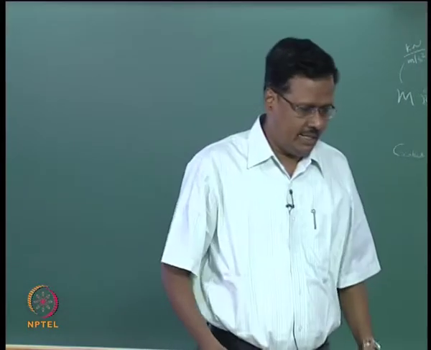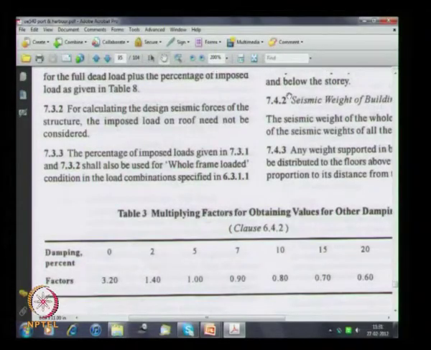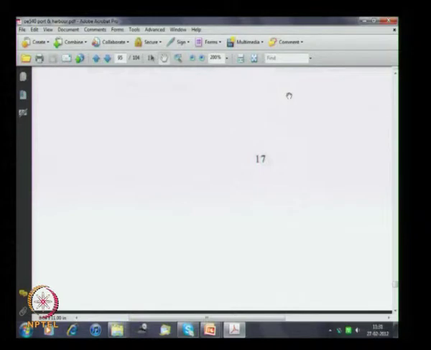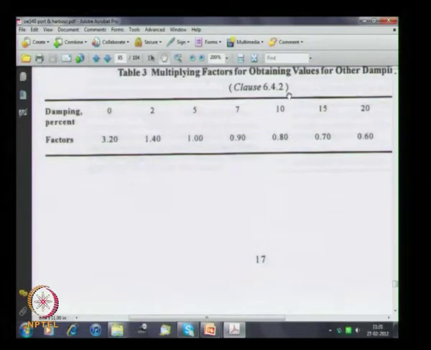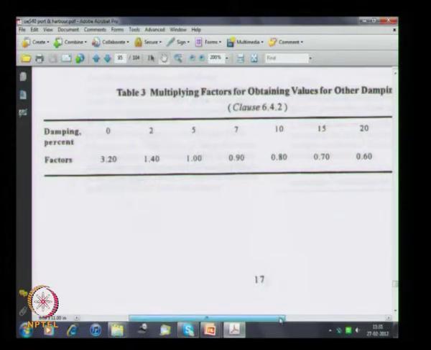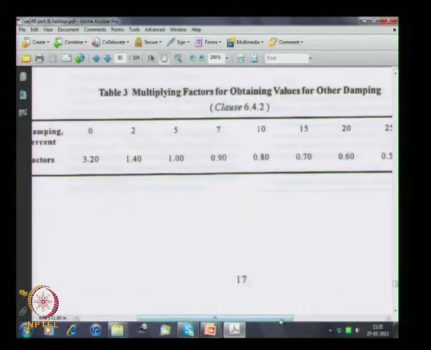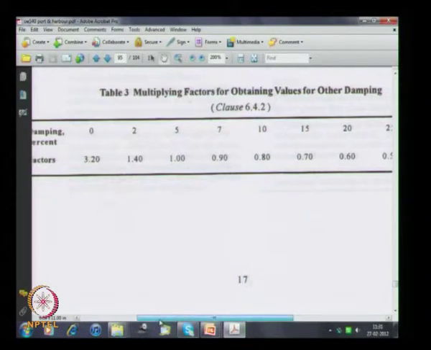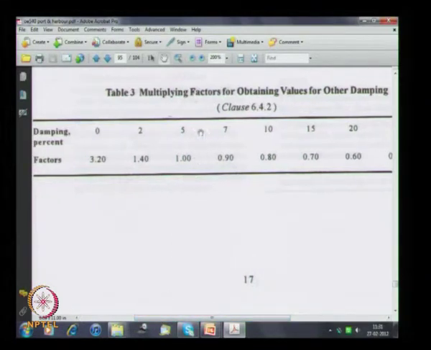What is written here? Damping percent, 5% damping, the factor is 1. Whatever SA by G you have got, this is for a particular damping, that damping is 5%. We have shown a curve just now.